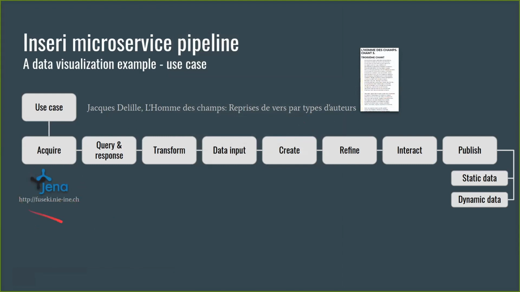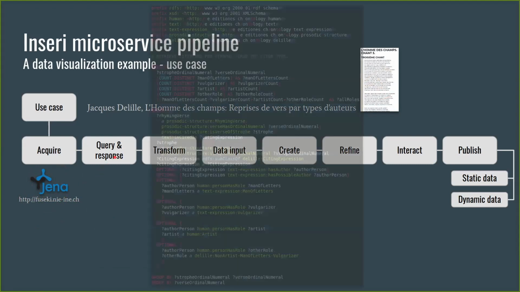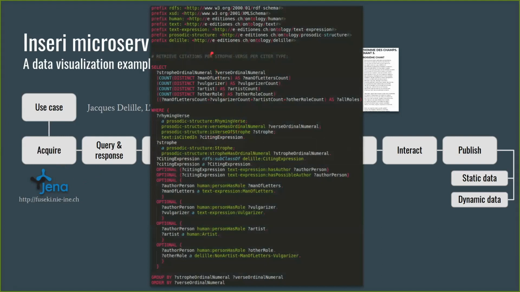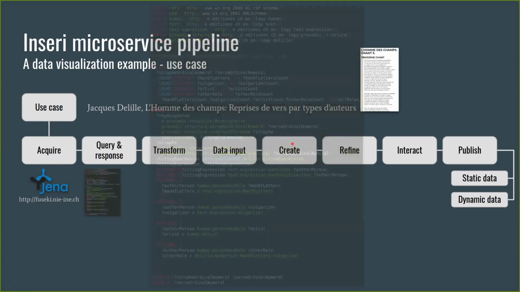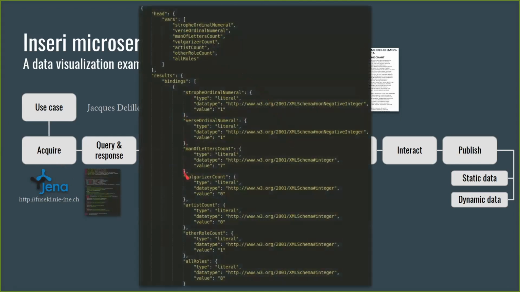The creation of that data set was part of niaine as well, which you might have heard yesterday already. So once we know where we can acquire the data, we can set up a query. In this case, it's a SPARQL query, which retrieves the information we will need. And we get back proper JSON from this Fuseki instance.